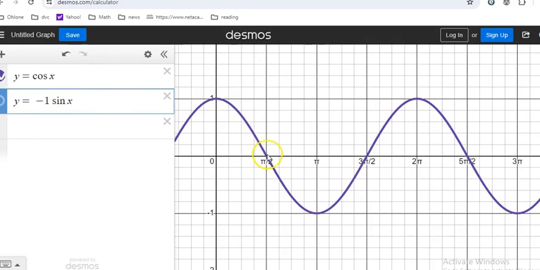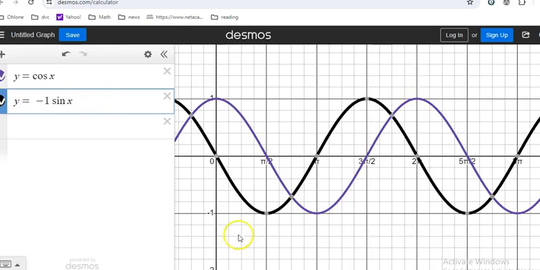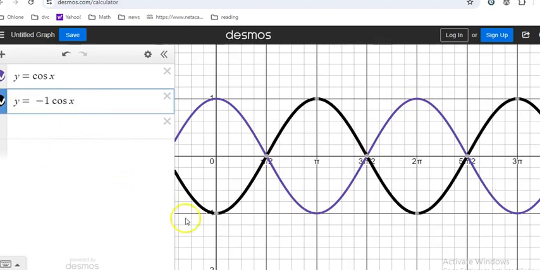It starts at 1, goes to 0, goes to -1, goes back to 0, goes back to 1. If I do negative, what happens? With cosine x, it would start from the lowest point, and this is the inverted V, right? Then it goes up to the highest, and then goes down.